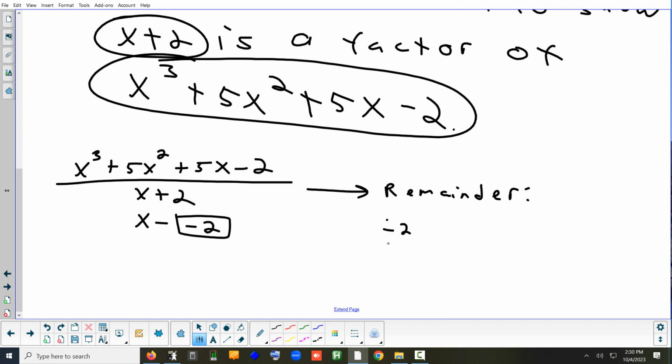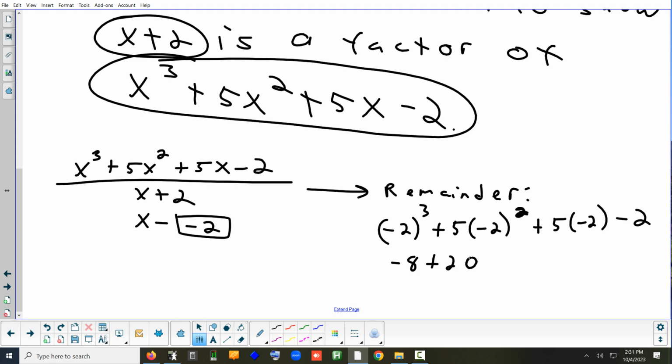So we're going to have -2 cubed, plus 5 times -2 squared, plus 5 times -2 minus 2. Okay. What's -2 cubed? -8. What's -2 squared? 4 times 5. 20.